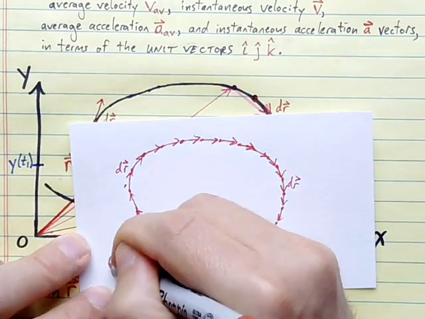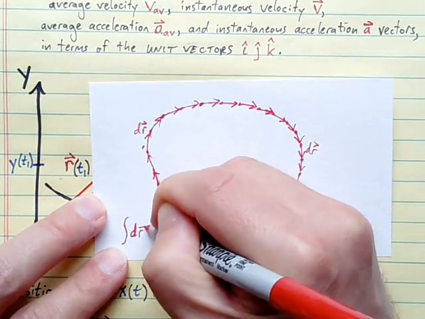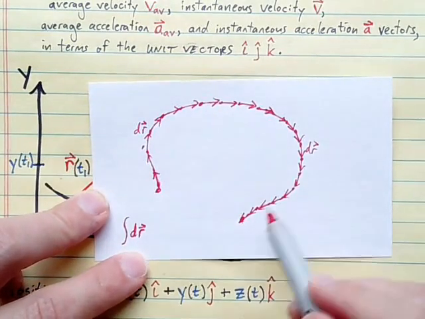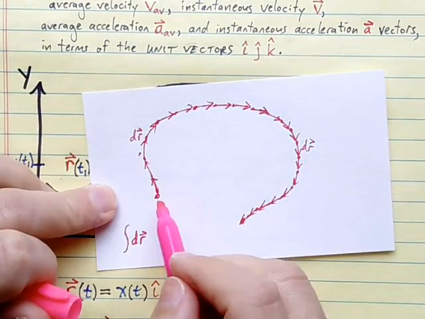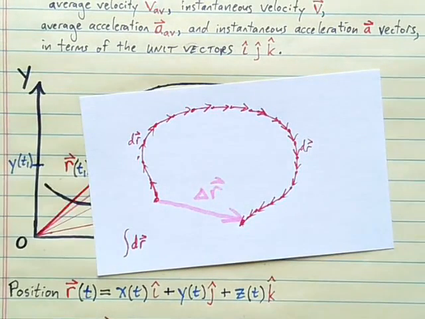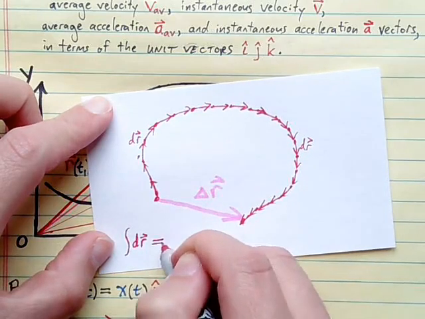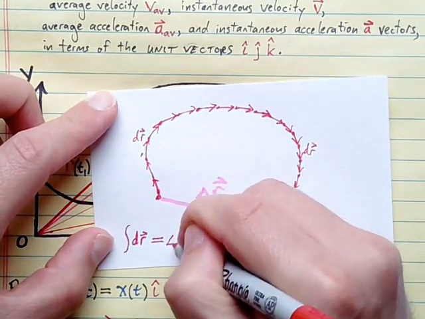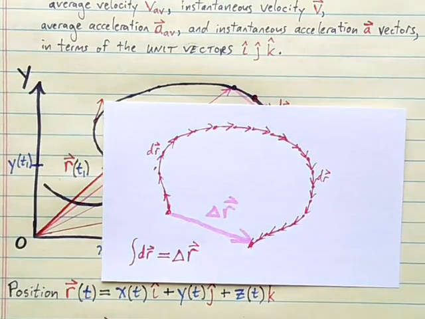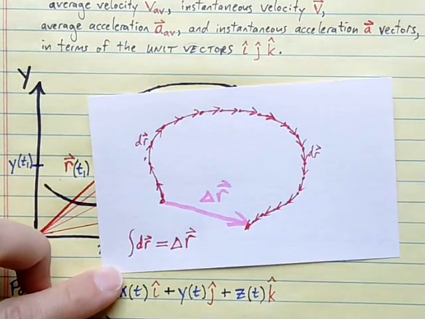So if I add up an infinite number of infinitesimally small displacements dr, what I'll get by the head to tail method is a sum vector that points from the very beginning of the chain to the very end of the chain, the delta r vector. So yes, indeed, the integral of all those little drs, the sum of an infinite number of infinitesimally small displacement vectors, would give us delta r, the finite displacement vector pointing from the very beginning of that path to the very end of that path.